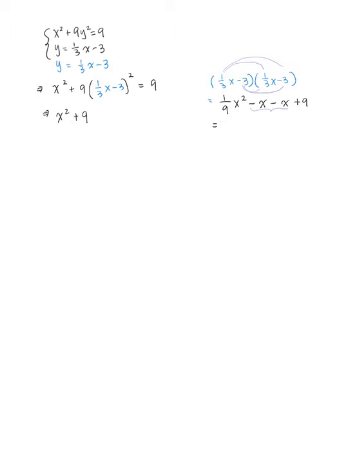So I'm going to rewrite it as 1/9 x squared minus 2x plus 9. All right, so let me replace that. So that portion becomes 1/9 x squared minus 2x plus 9, and that equals 9.